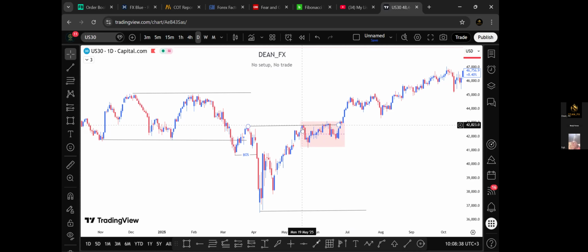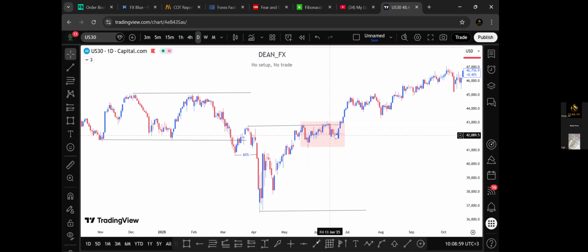See, the first one closed below and reacted below. The second reaction reacted below. Then the bearish candle that came after actually came above it, and the bullish one came above it. So this was a clear sign that the market was intending to go to the upside.